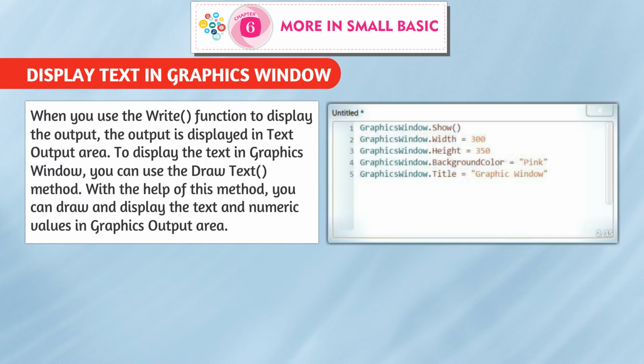Display text in graphics window. When you use the write function, the output is displayed in the text output area. To display the text in the graphics window, you can use the draw text method. With the help of this method, you can draw and display text and numeric values in the graphics output area.